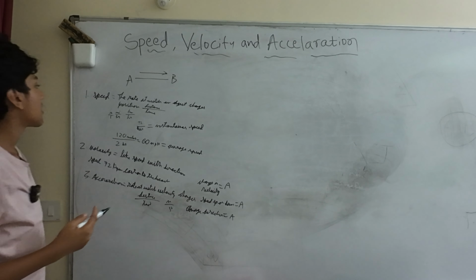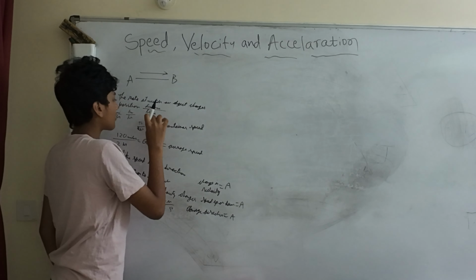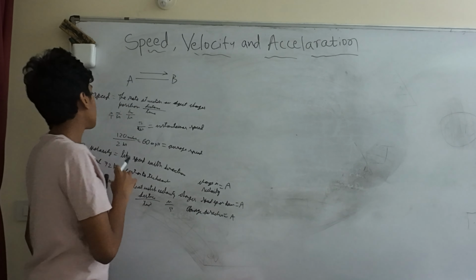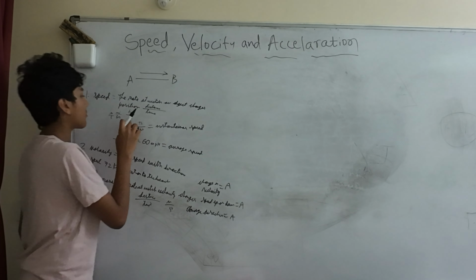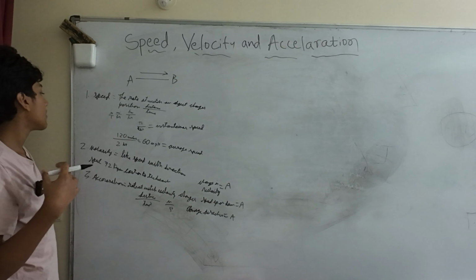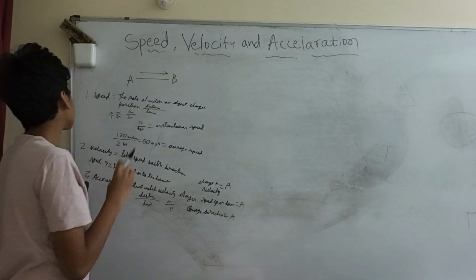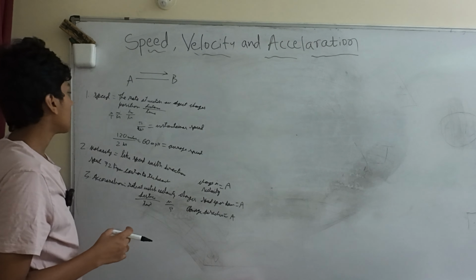That's speed. And its SI symbol is distance over time. So you could put it as kilometers per hour, miles per hour, and meters per second. These are all units of speed.